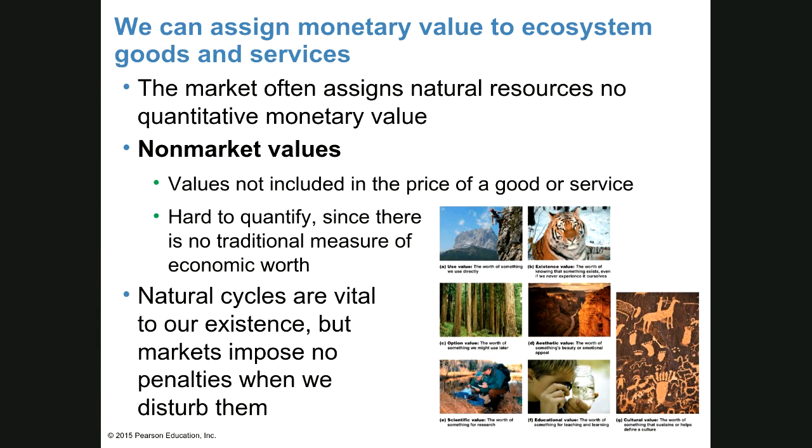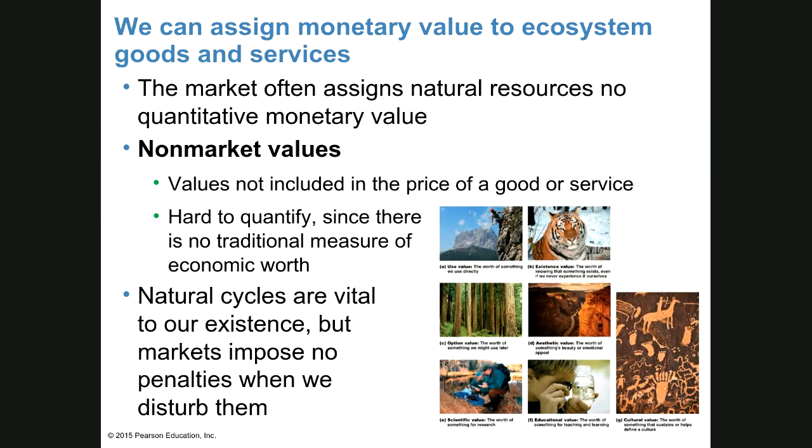The worth of knowing that something exists, even if we never experience it ourselves. This was a hard one to project on people who just don't give value to things too much outside of humans. C, option value, the worth of something we might use later. So giving it value because it might be useful later, even though we might not use it right now.